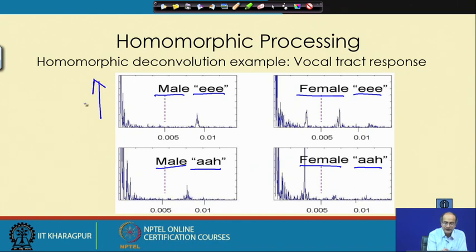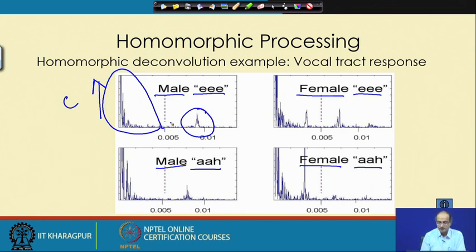This part is the low quefrency part, which is given as the vocal tract, and this is the excitation, the glottal pulse. And for the female speaker, we get this as the transfer function and this as the glottal pulse.